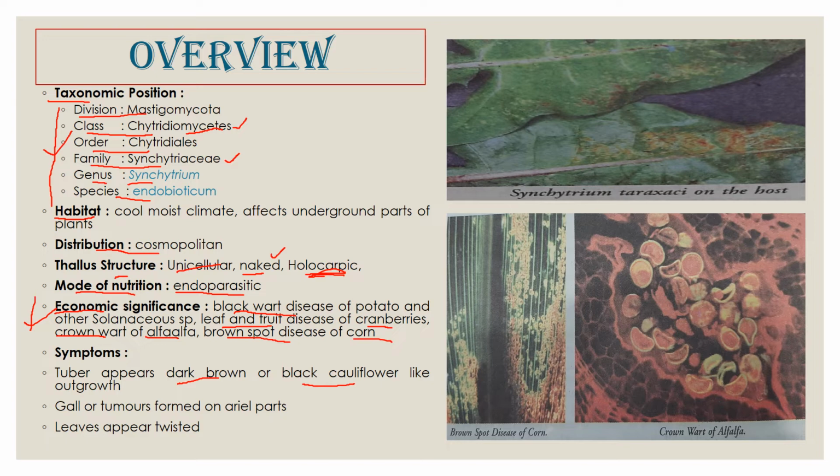And in the aerial part, the leaves suffer from gall or tumor-like outgrowth, and the leaves also appear twisted. So these are the symptoms that are caused by the black wart disease of potato.